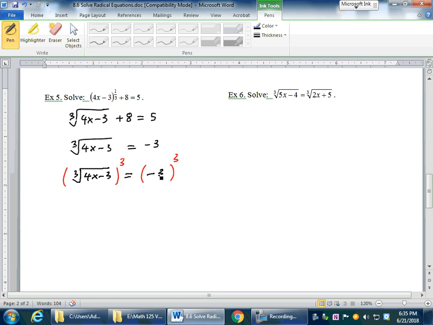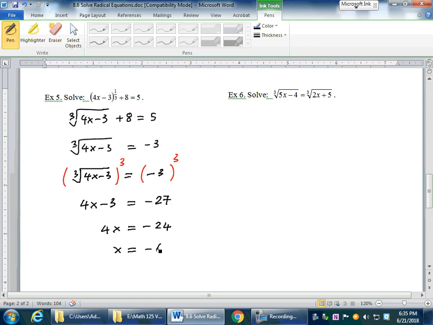Cube root and 3rd power cancel out, so it becomes 4x minus 3 is equal to negative 27. Now, solving the linear equation, I add 3 to both sides, that becomes negative 24. Divide by 4 on both sides, that becomes negative 6.